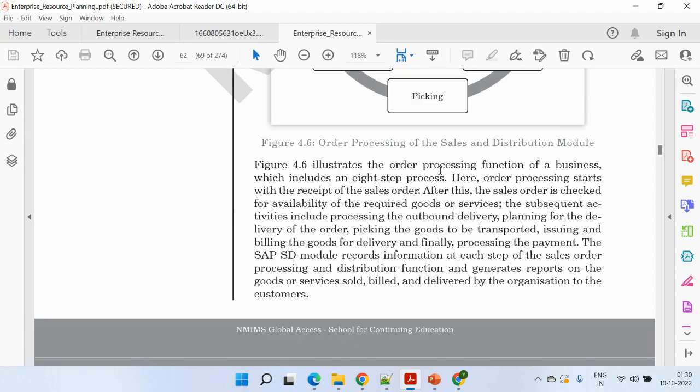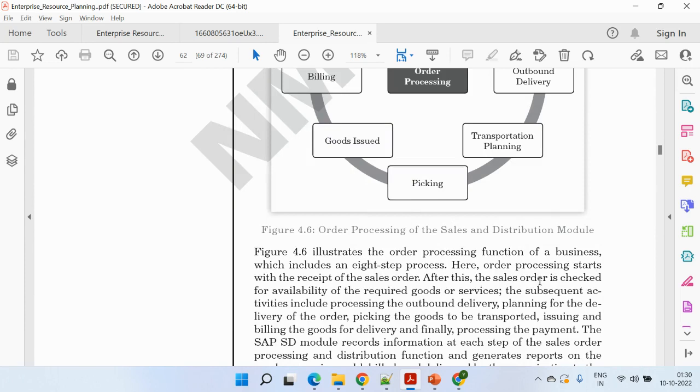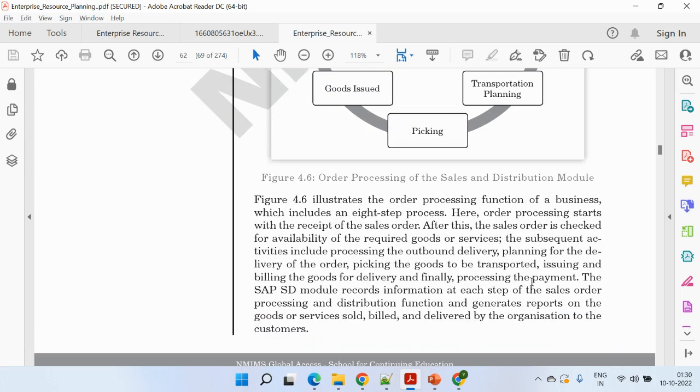You need to cover all of these, and it mentions a bit about the 8-step process, whose details are not needed and not asked in the question. Just give an overview which can cover around 300 to 400 words, plus an introduction of SAP of about 50 words. So around 450 or 470 words is enough for this question.